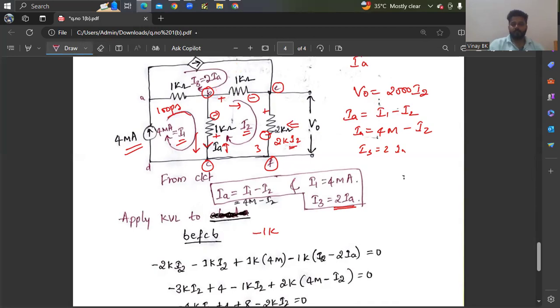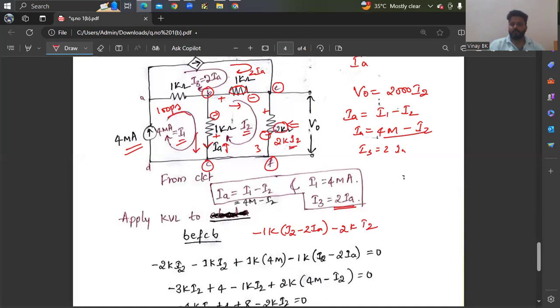Here the current flowing through this 1 kilo ohm is I3, and I3 is nothing but 2 IA. So that is minus 1K into I2 minus 2 IA. IA is nothing but 4 milli minus I2. Similarly here, minus 2K into which current is flowing?